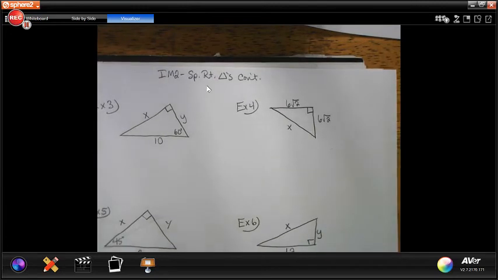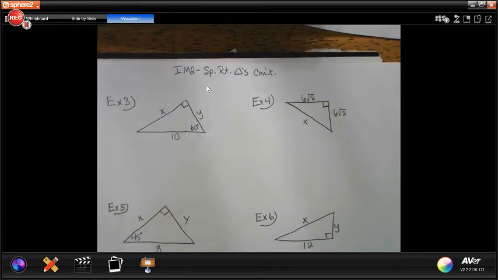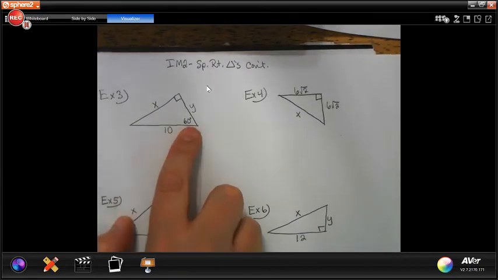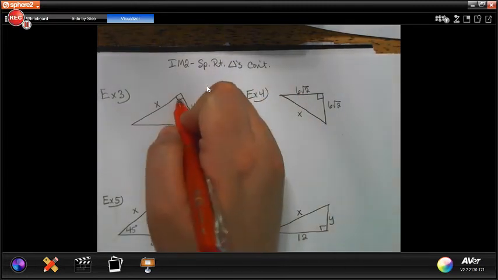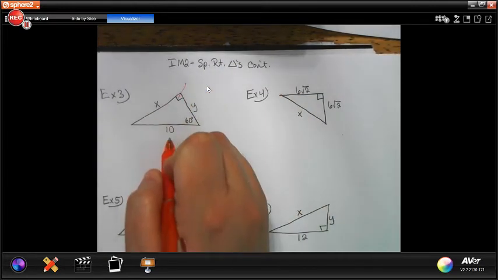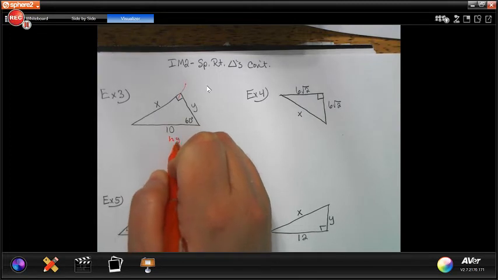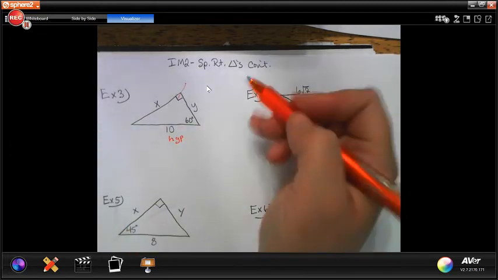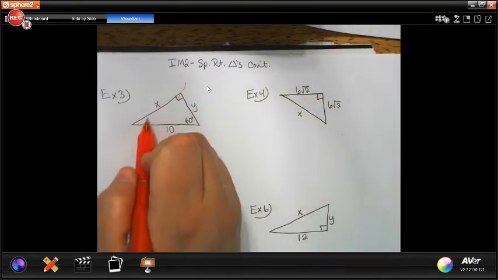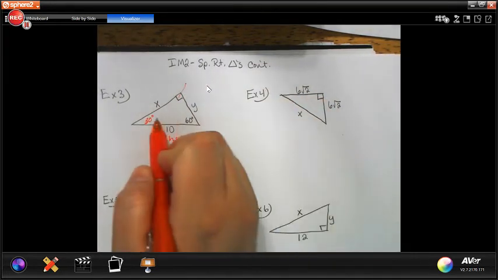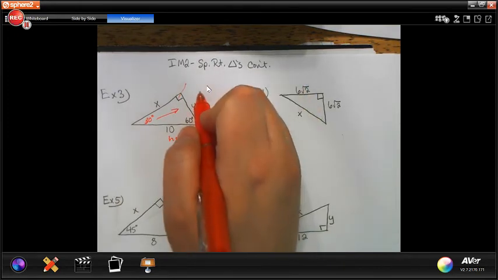Example 3. Here we have a 60-degree angle, so obviously that is a 30, 60, 90-degree triangle. The right angle points to the hypotenuse. If this is 90, this is 60, that makes this 30, and that goes to the short leg.